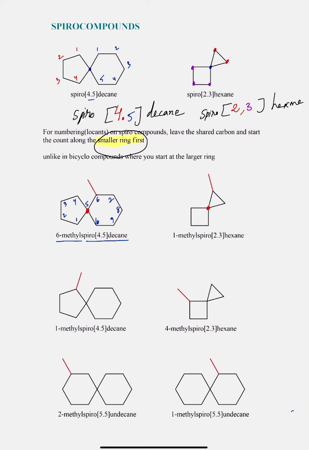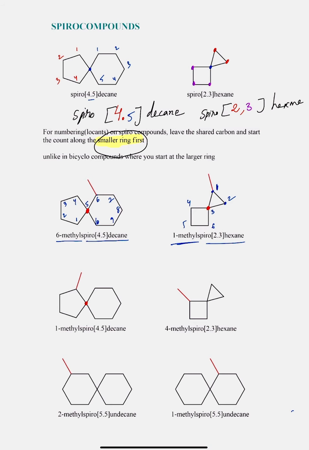Let me go to the next structure. So I leave the common carbon, I start numbering on the smaller ring. So I give it number 1. I can give it number 2 also, but I wish to go by the lowest sum rule, so I start numbering at the top. I don't start numbering at the bottom, so I get 1-methyl.